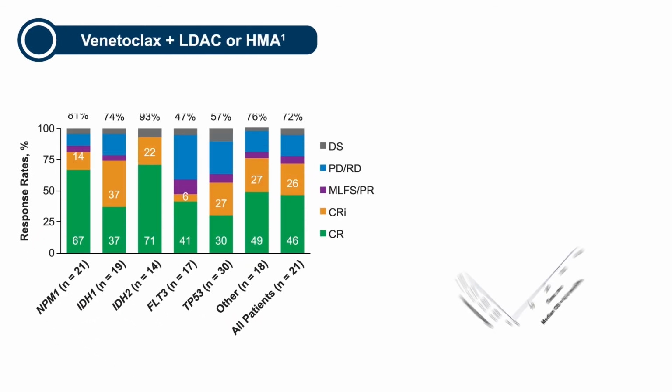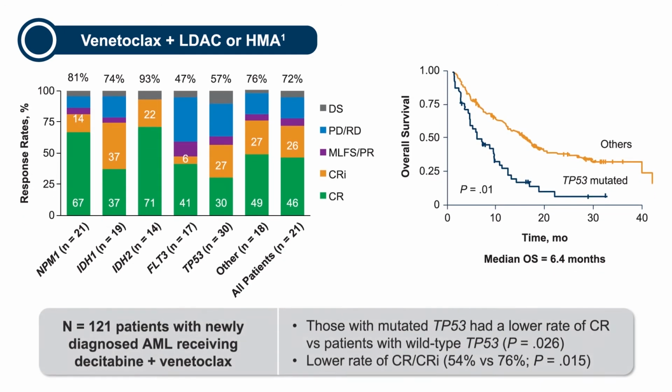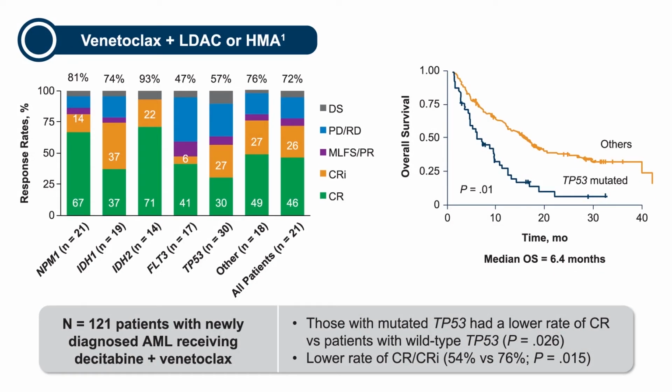This adverse impact is also present when patients are treated with venetoclax-based regimens, both with cytarabine and with hypomethylating agents. This has been shown by multiple groups. Two ASH abstracts have described this in detail.